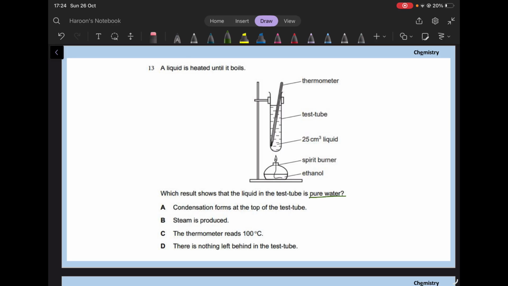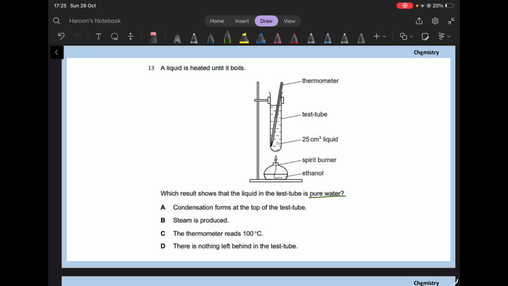So pure water would boil at 100 degrees Celsius, but impure water does not boil at 100 degrees Celsius. For example, seawater is impure, so it might boil at 102, 103 degrees Celsius, somewhere in that range. But pure water will always boil at exactly 100 degrees Celsius.